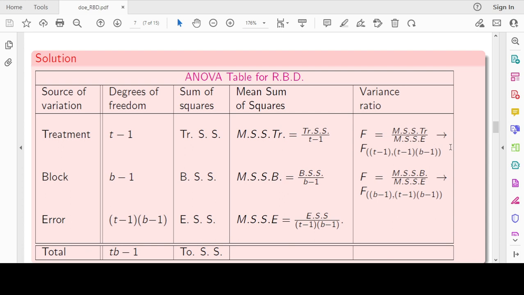So for this we see the table value here. And F for block we obtain as MSSB divided by MSSE, mean sum of square due to error, and it follows F distribution with B minus 1 and error degrees of freedom, that is T minus 1 into B minus 1 here.